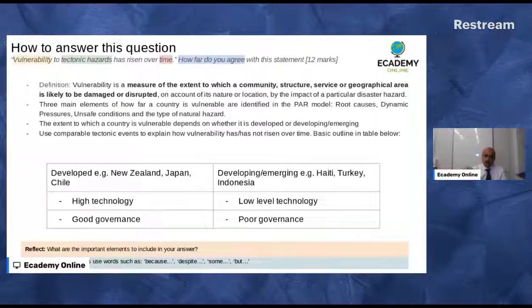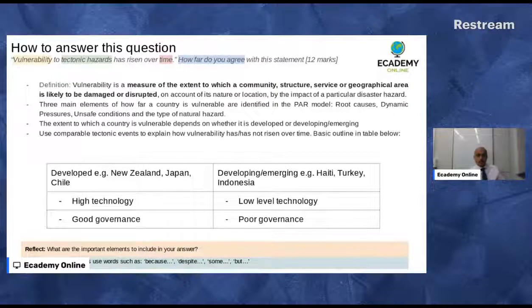Okay, so use comparable tectonic events to explain how vulnerability has or has not changed over time. So there's a temporal aspect to this question which you must address, right? So it might be a country such as Chile. If you went back 50 years, if they had an earthquake, maybe thousands of people died. But more recently, even if they had an 8.1 on the Richter scale, which I think they did a few years ago, I think a handful of people died, right?